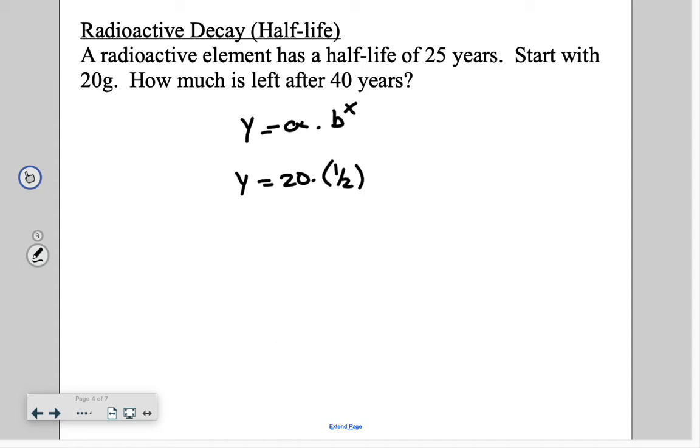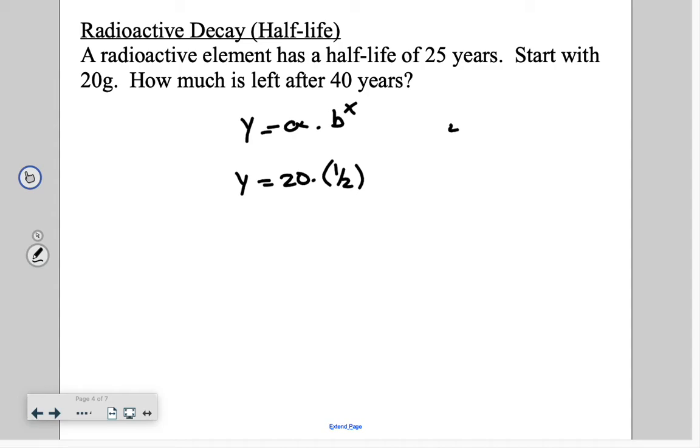And then the power that you're raising it to represents how many times you are using the multiplier, how many half-lives. That's what the exponent is going to represent. So in this case, what am I going to put for a power, or how do I find it? If I want to know how many half-lives I'm going to use, what do I do? Divide what? We want to figure out how much is left 40 years later, but the half-life is every 25 years, you're going to be taking half.